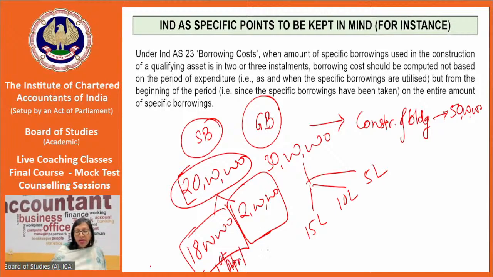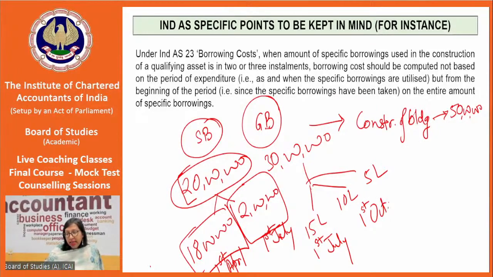Then on 1st July, I spent 2 lakh rupees and also 15 lakh rupees. Then on 1st October I spent 10 lakh, and on 1st January the remaining 5 lakh was spent. So when I'm calculating the borrowing cost on 1st April, I won't calculate it on this 18 lakh. I'll be calculating on the complete 20 lakh.